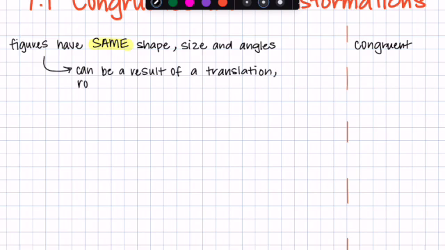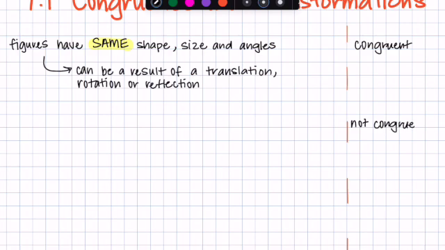Write out this little note: it can be a result of a translation, rotation, or reflection. So we're good on what congruent means.